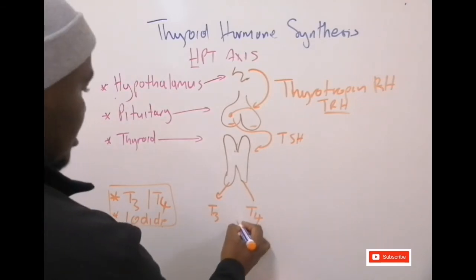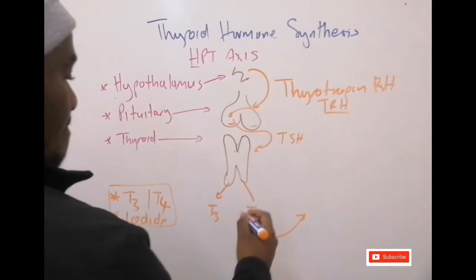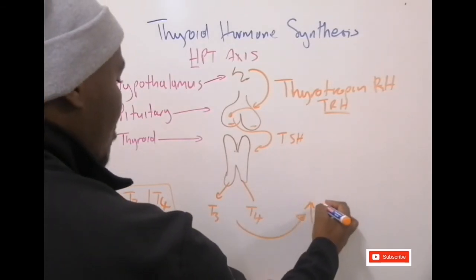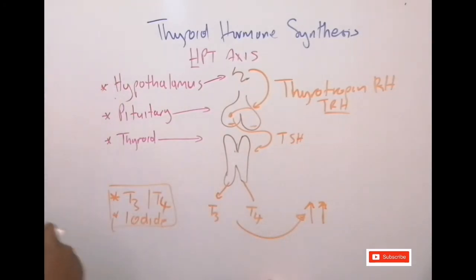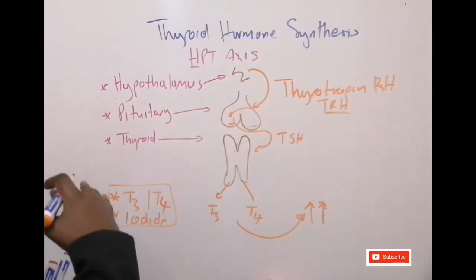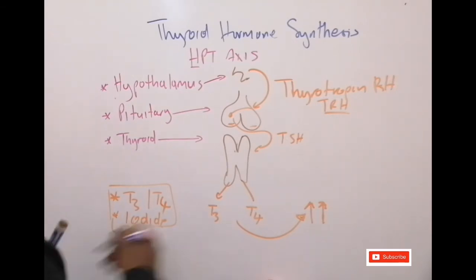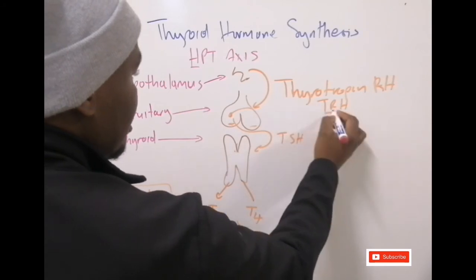If T3 and T4 is released so much that it gets to the normal level or high in the serum, the hypothalamus again is going to get messages that we've got a lot of T3 and T4 now, and the hypothalamus will respond by inhibiting, and will stop releasing TRH.